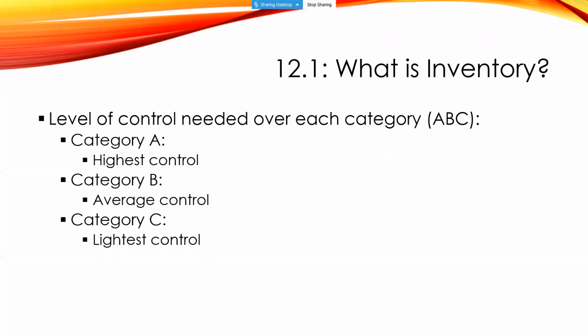Very cheap. They probably have thousands of them around and give them out to just about anyone who asks. So those items don't really need a lot of control. In terms of the total inventory, the cost per unit is extremely low, and the number of units is very high.